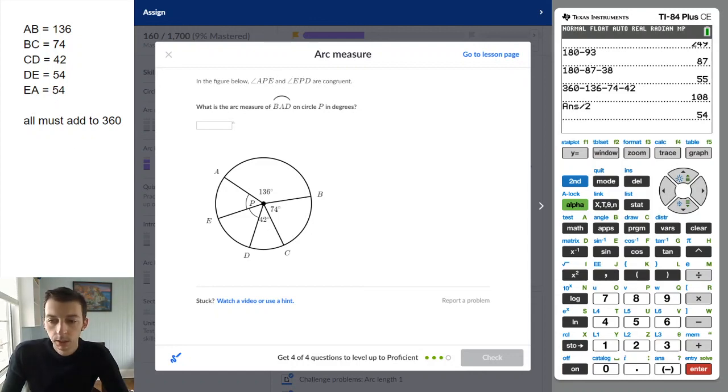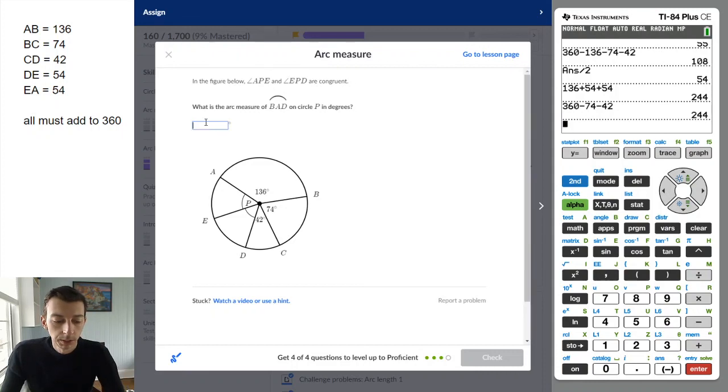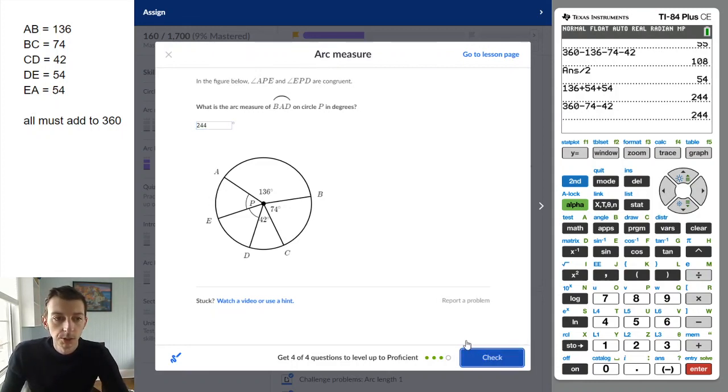The first way, if I do BAD, I add 136 plus 54 plus 54, and you get 244. The other way I could have done this is 360 minus 74 minus 42. You end up with 244 either way. So you have more than one way you can solve these questions.